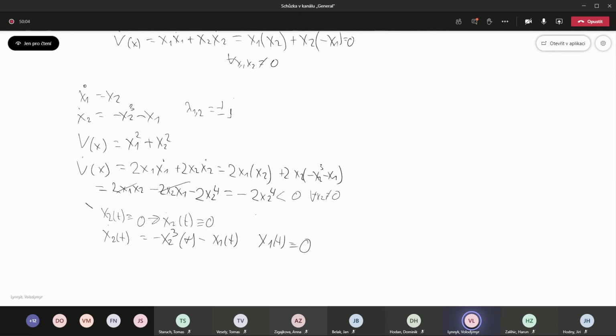From this we conclude that x2 equals 0, and then x2 dot equals 0. From the second equation of this system, x2 dot equal to minus x2 cubed minus x1, and if x2 equals 0, this part equals 0, then x1 equals 0 too. Any question?